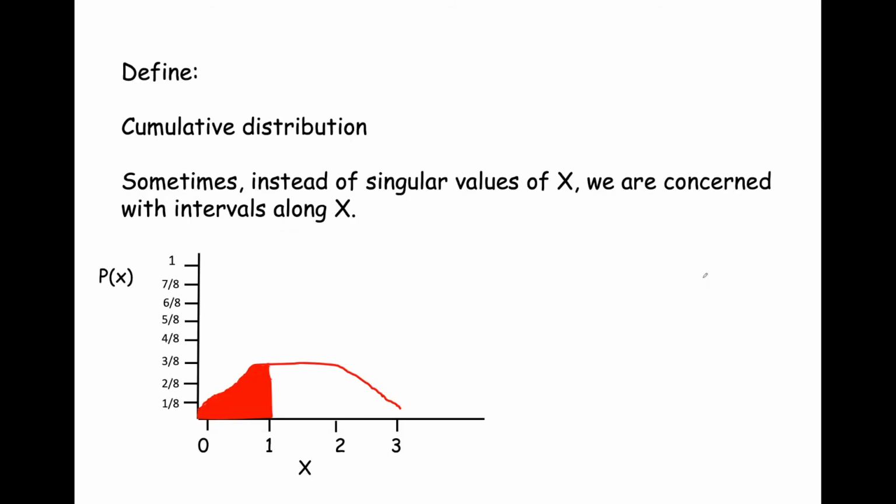There are some times that you're not just interested in a singular outcome of this random variable. Sometimes you're concerned with an interval along X. And so in this case, we're not just concerned with the measurement outcome of observing 0 heads or observing 1 heads.